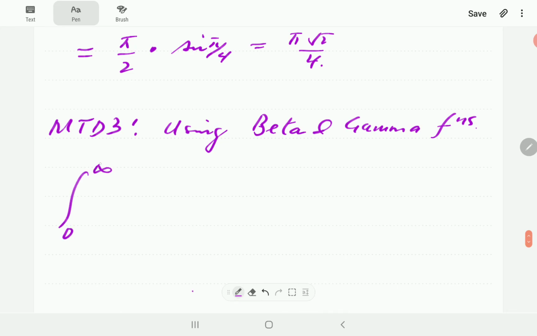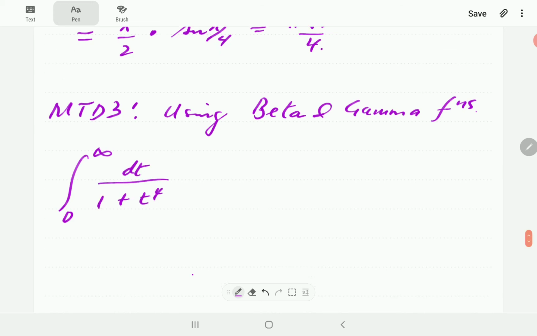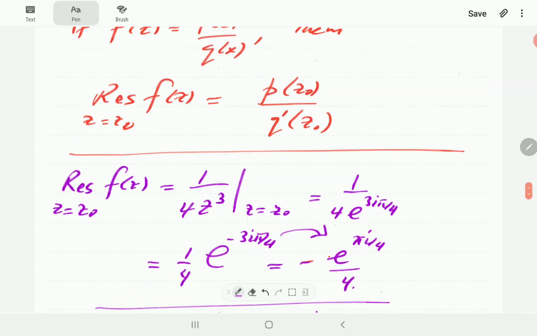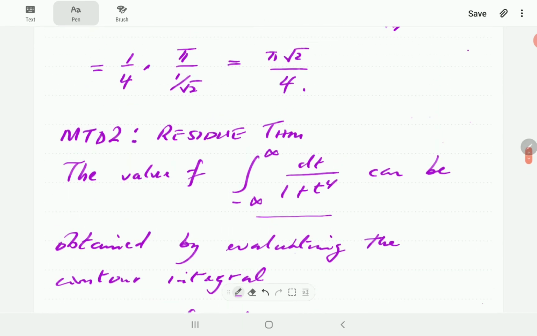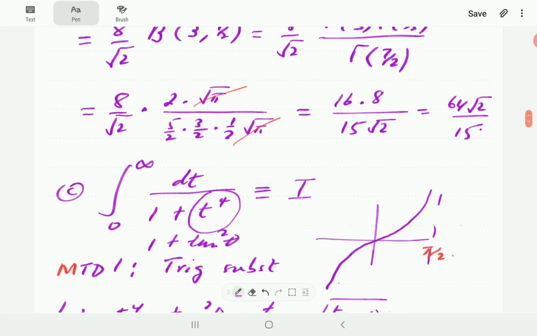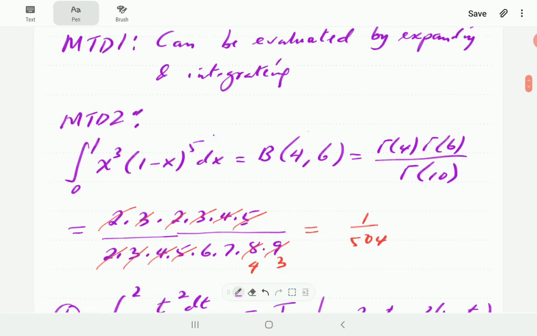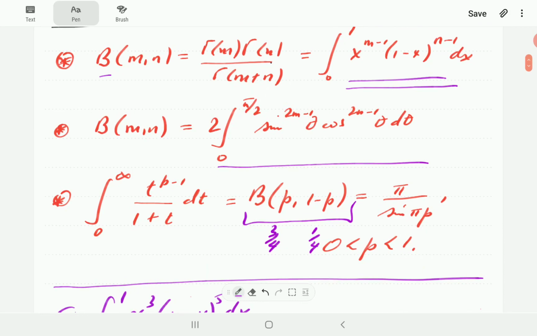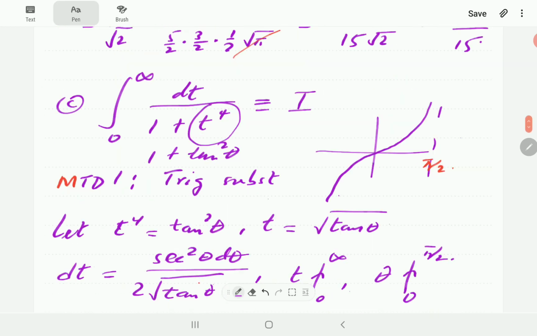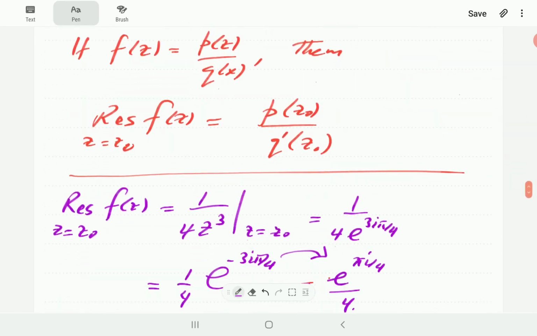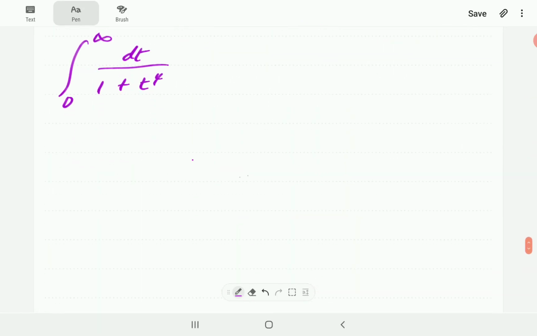So I've got the integral from 0 to infinity of dt over 1 plus t to the power of 4.